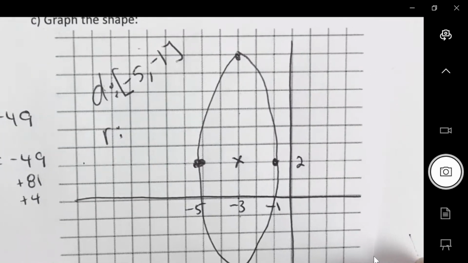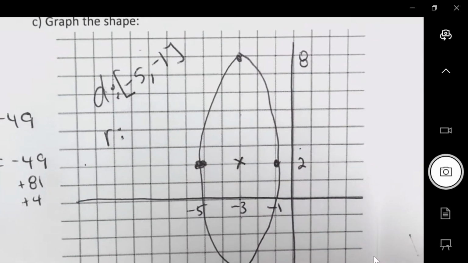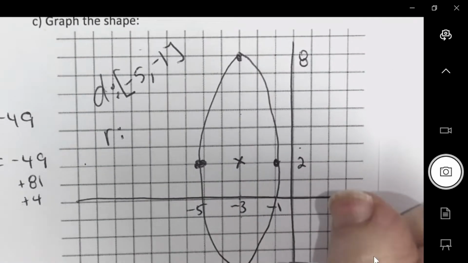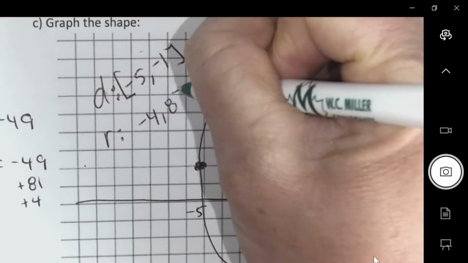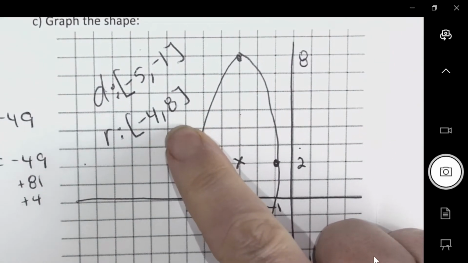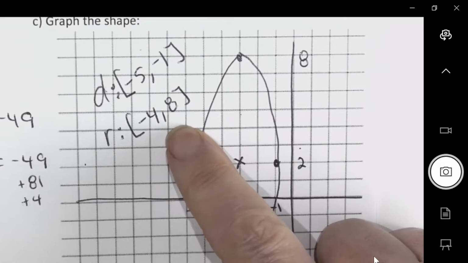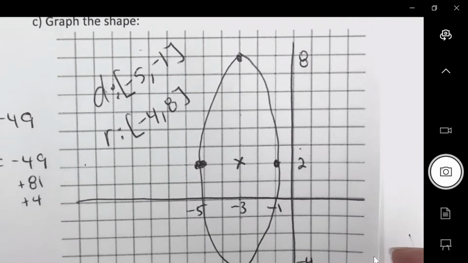And the range, so that was 2, and we went up 6, so this should be an 8. And we went down 6, so that should be a -4. And then I'm just double checking that those are 12 apart from each other. Okay, because my axis is 12, so they should be that.